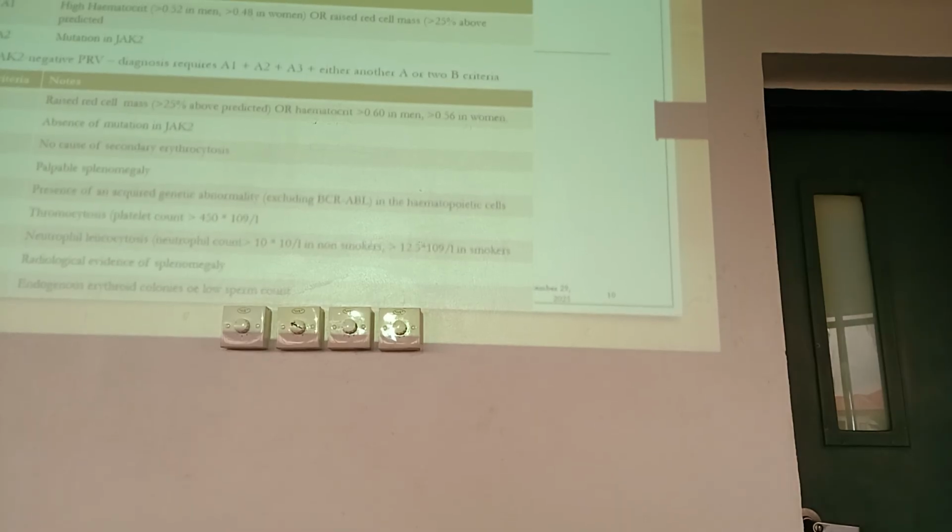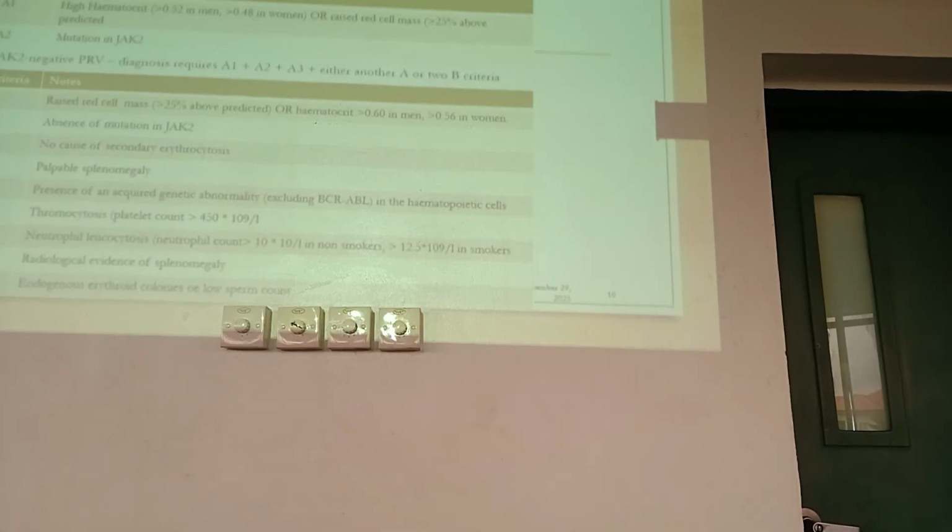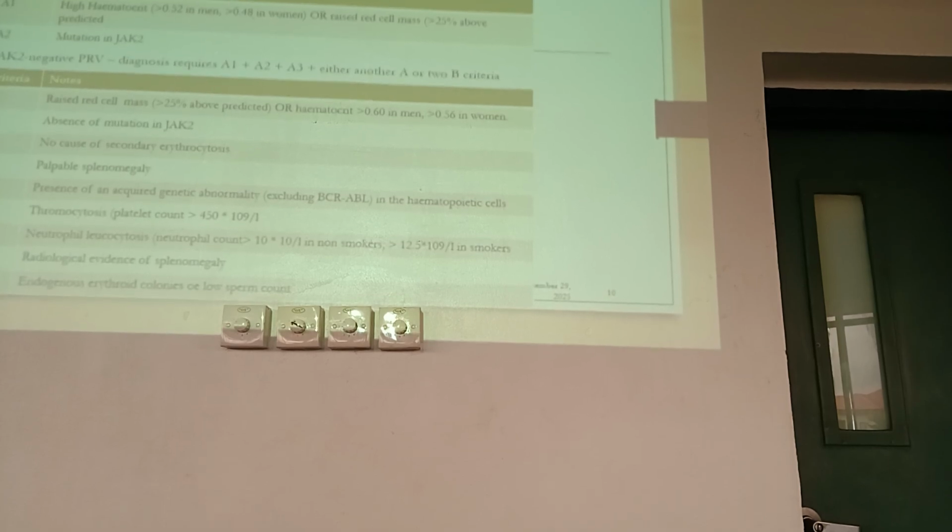There are also minor criteria, like in the polycythemia vera study group: thrombocytosis, platelet count greater than 450, neutrophils, leukocytosis, radiological findings. So for diagnosis of JAK2 negative polycythemia vera, the diagnosis requires A1 plus A2 plus A3.